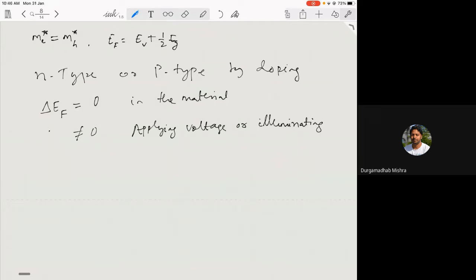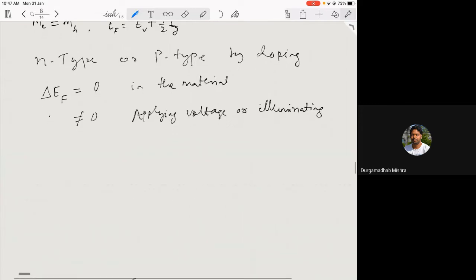If you are not doing anything externally, the Fermi level will always be the same throughout the material. If there is a slope in the Fermi level, delta EF, then it will lead to a drift of electrons, which can only happen when you are applying a voltage, shining a light, or giving some external energy, like heating it. Otherwise delta EF will always be 0 in a material.